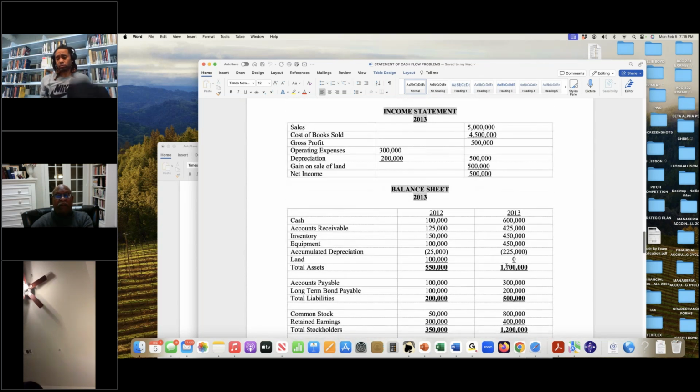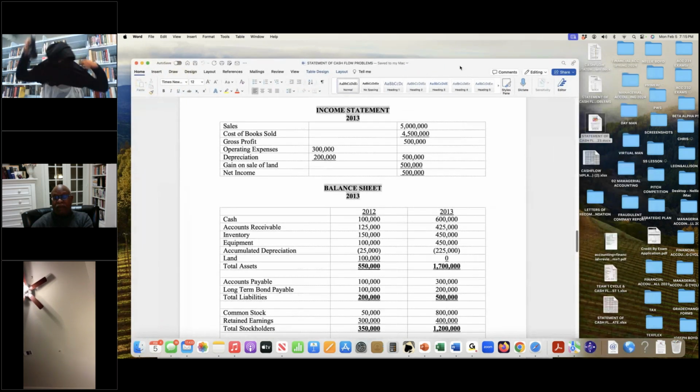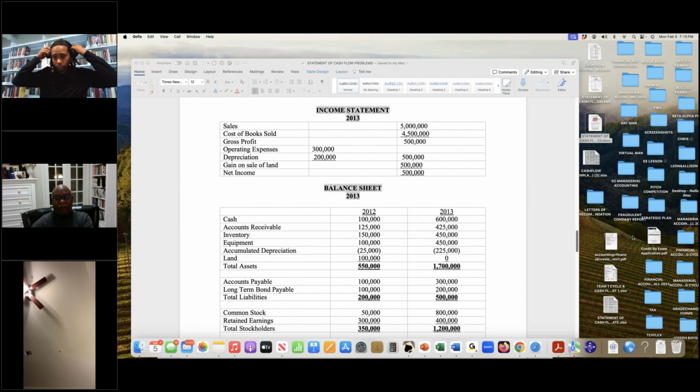Let's move on to problem 4. What did the receivables do here? Anybody got problem 4? Increase. Is it a source or a use? A use. It's a use because you bought an asset.